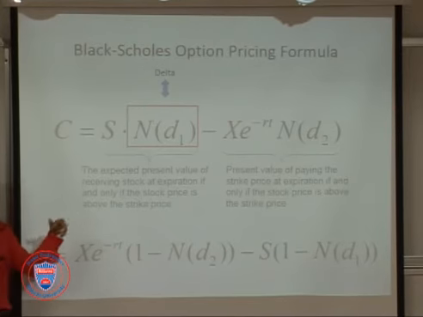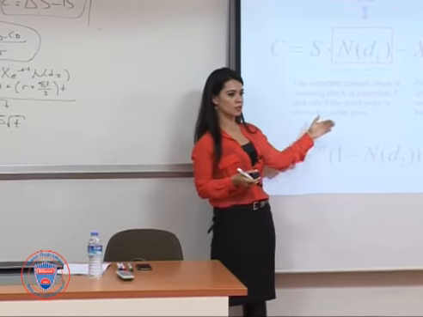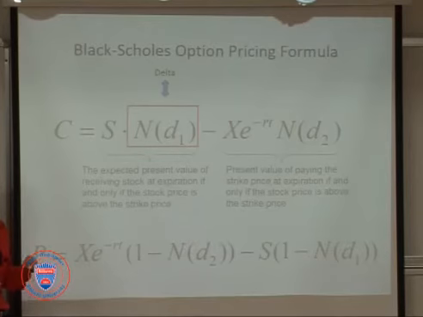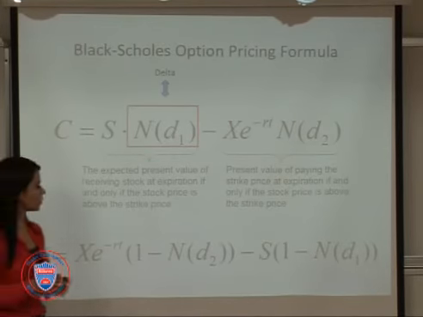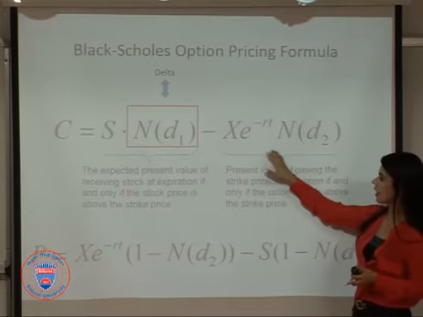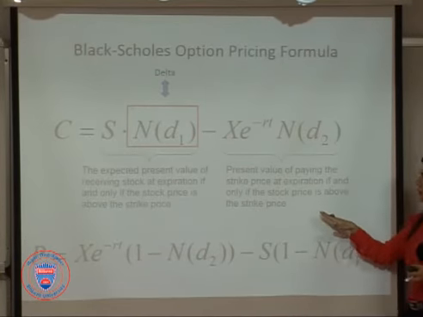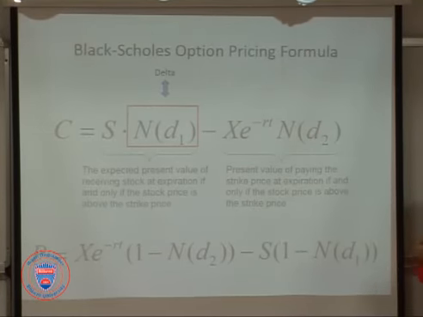And you will only receive that stock if the stock price is higher than the strike price. So when you exercise the call option, this is how much you're going to pay for the stock. And this part is kind of like the B we saw in the binomial world. This is the present value of paying the strike price at expiration when you exercise the call option. So together, it's going to give you the value of the call option.